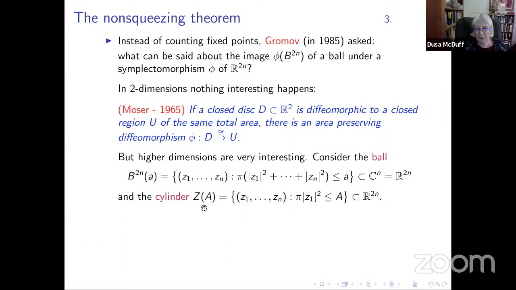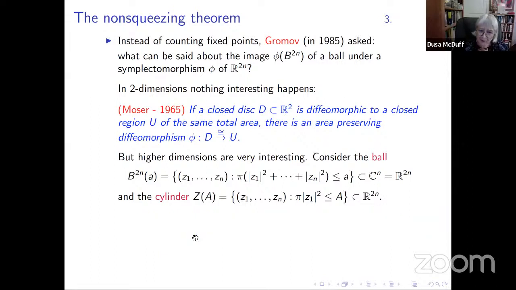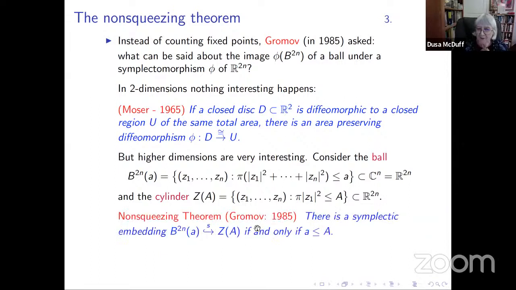So the cylinder is constrained just in the first 2 dimensions and otherwise unconstrained. You know this theorem, the non-squeezing theorem, it's very well known, that says there is a symplectic embedding of the ball into the cylinder only if the radius or the area of the ball is less than the area of the cylinder. In other words, there's some 2-dimensional invariant which is constraining that image.